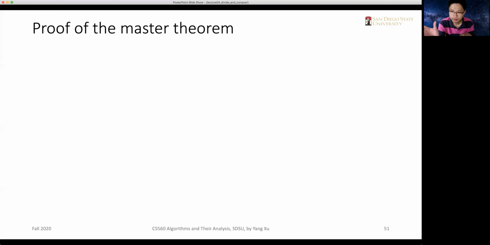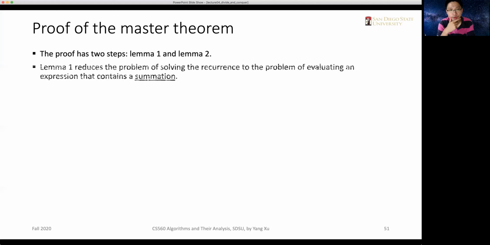And the second part is all the cost of doing the dividing and combining steps. We prove the master theorem with two lemmas. Lemma 1 reduces the problem of solving the recurrence to a mathematical expression that contains a summation. And in lemma 2, we determine the upper bounds and the lower bounds of this summation.